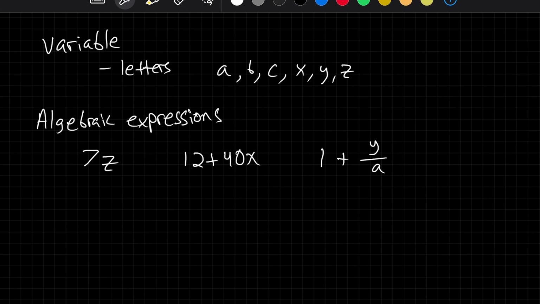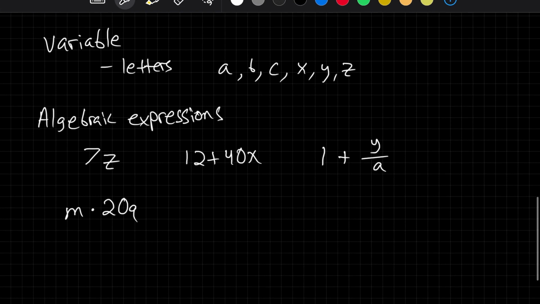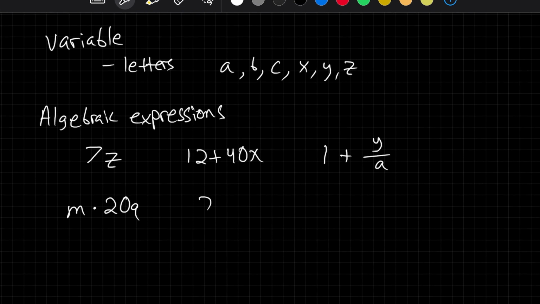We don't even have to write this the way we have for multiplication. We can say m multiplied by 20q. If we're dividing, we can say 2c is divided by 9ab.